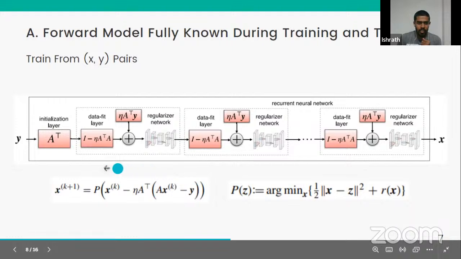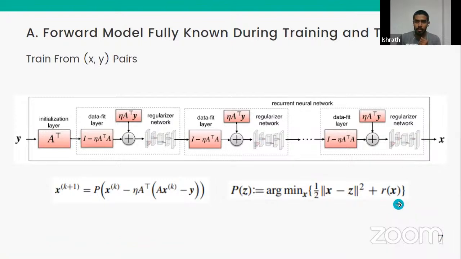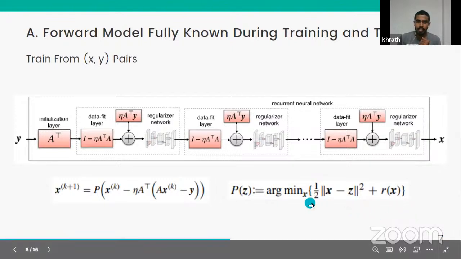After getting the initial estimate from this gradient descent step, we do a proximal mapping. This is where we take into consideration the regularization. So we are trying to find an x that also has desirable properties of the ground truth image, as well as fits the initial estimate given by this gradient descent equation.